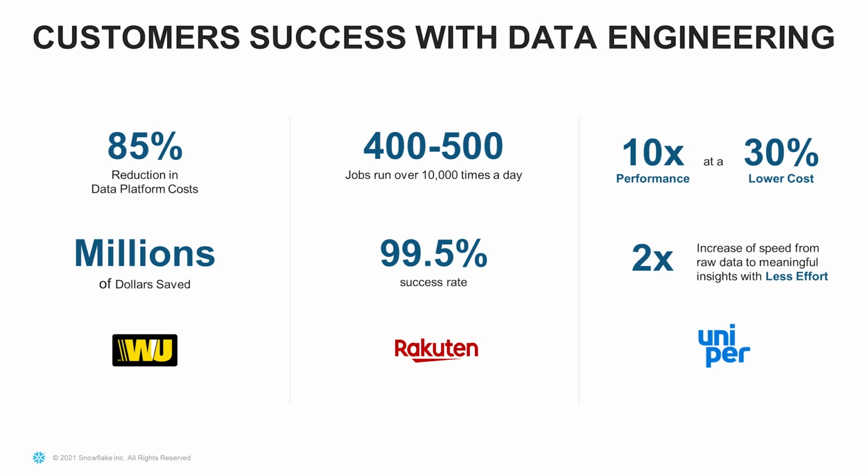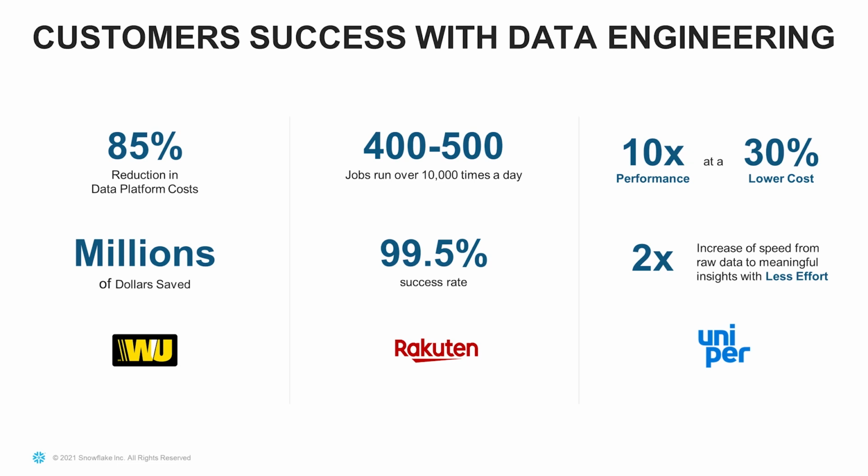And they had fairly complex ETL processes. With moving to Snowflake, now they run almost 10,000-plus jobs with a 99.5% success rate. So it just works. Moving the data pipelines to Snowflake helped them achieve almost 95% faster runtime for the same use cases compared to the previous version of the pipeline that they had.